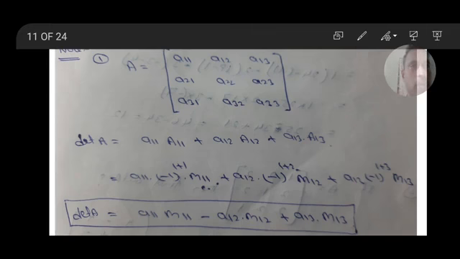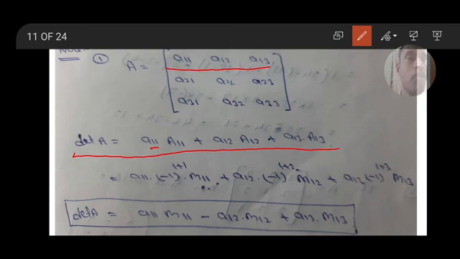Note. If A equals the matrix a11, a12, a13, a21, a22, a23, a31, a32, a33, then the determinant of A, by the definition taking the first row, is a11 into capital A11, plus a12 into capital A12, plus a13 into capital A13, the cofactors.